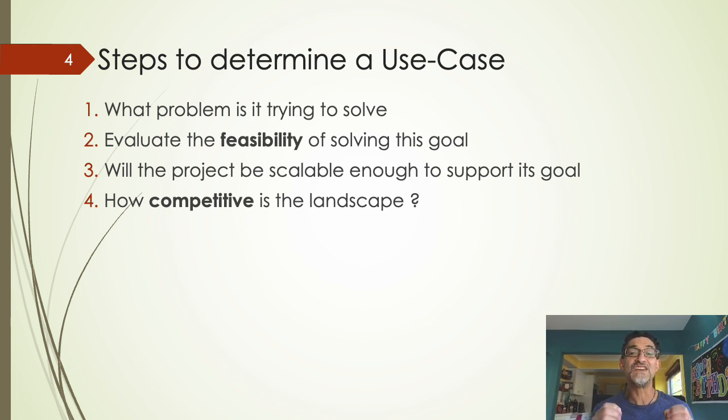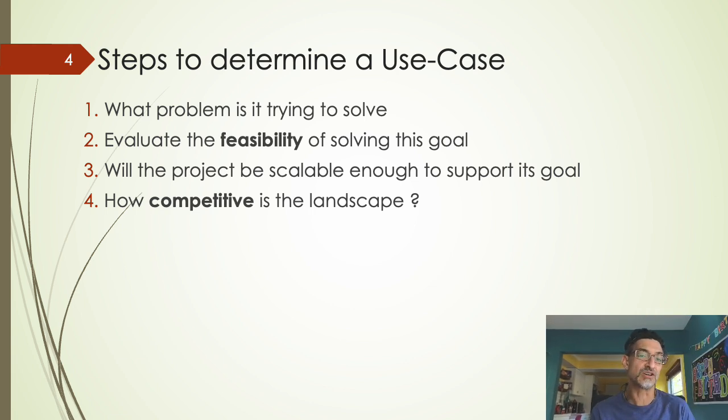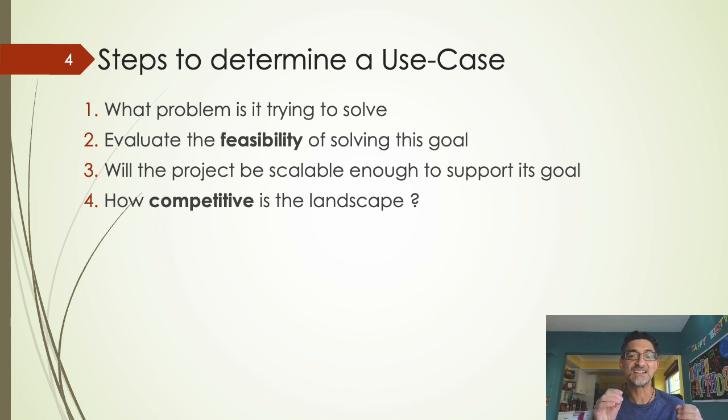Two, evaluate the feasibility of solving this goal. Three, will the project be scalable? Can it grow quickly and easily to support its goal? And number four, how competitive is the landscape? What's the industry structure, as popularized and written by Michael Porter, for example? Is it an oligopoly, monopoly? Is it pure competition? What's it like?